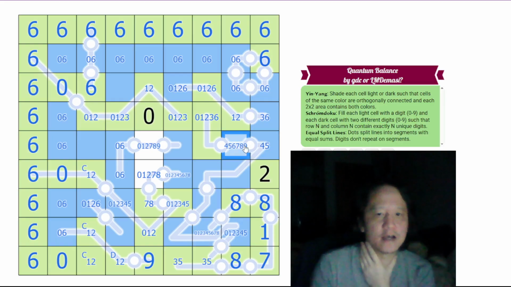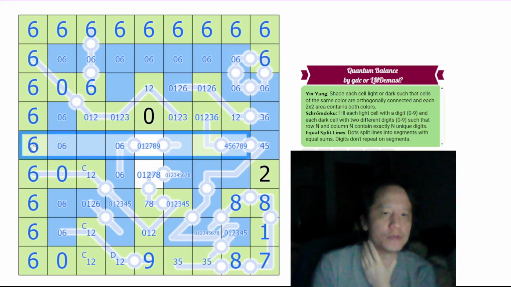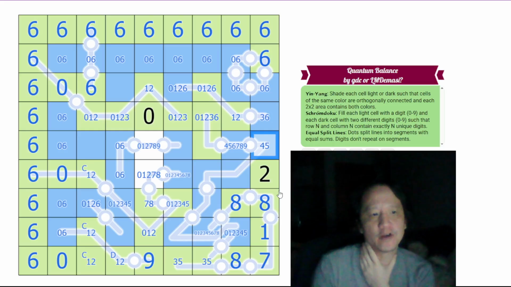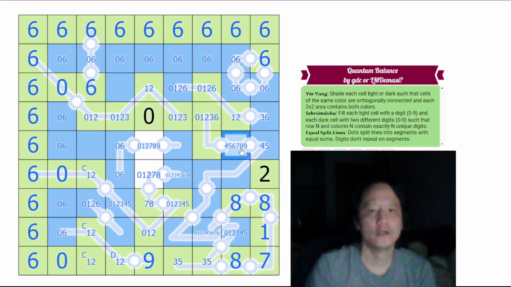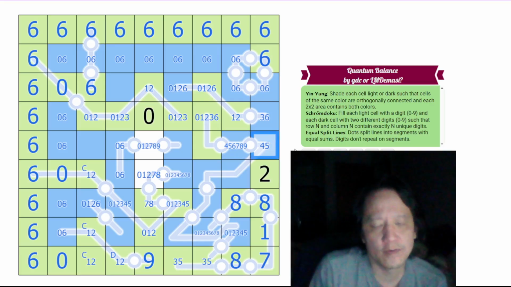We have to have only one other unique digit in row 5 because we are guaranteed this is 4 or 5. Because if we try 9, that does not work. We have 0, 1, 2, 3, 4, 9 minimum, which adds up to 19, which 2 digits can never add up to. So this has to be 4 and 5.